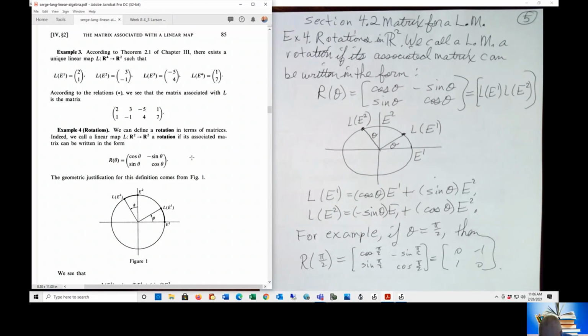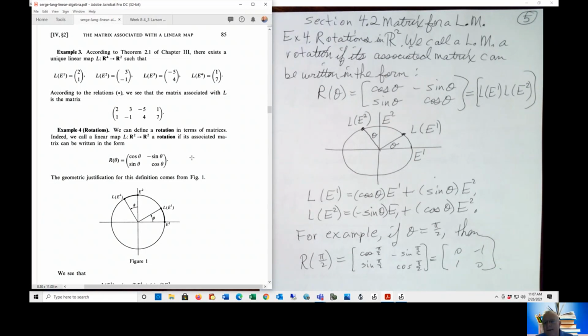Looking at the unit circle, good old trigonometry. So E1 is 1, 0, and E2 is 0, 1. And suppose that our linear map L rotates E1 to L of E1 through the angle theta, and that it rotates E2 to the point L of E2 on the unit circle through the same angle theta.